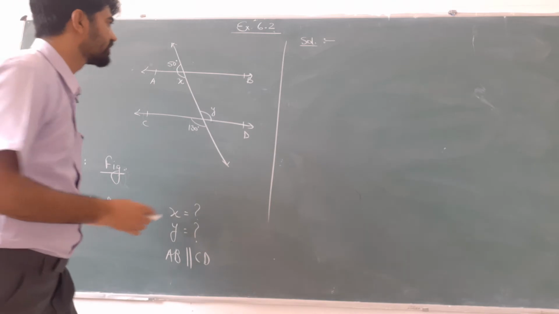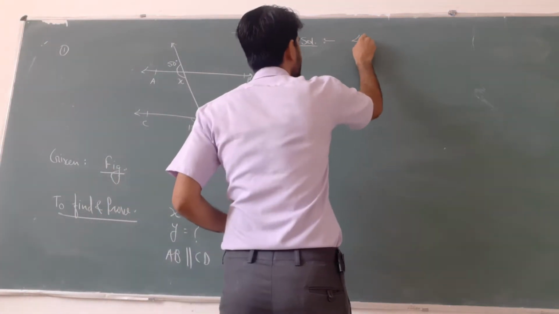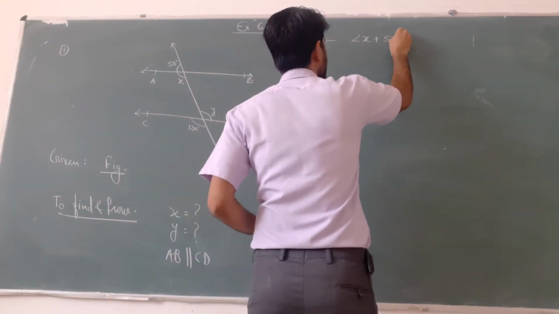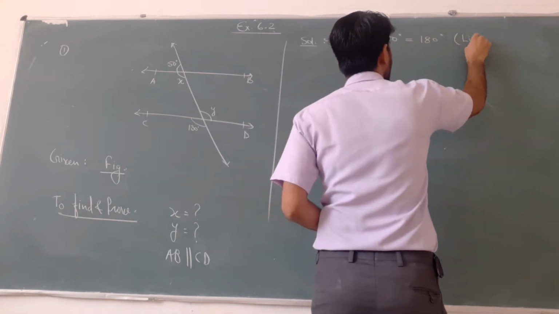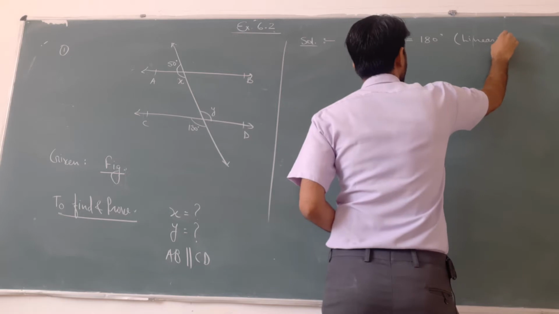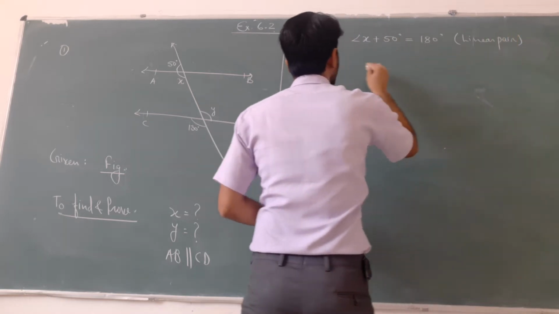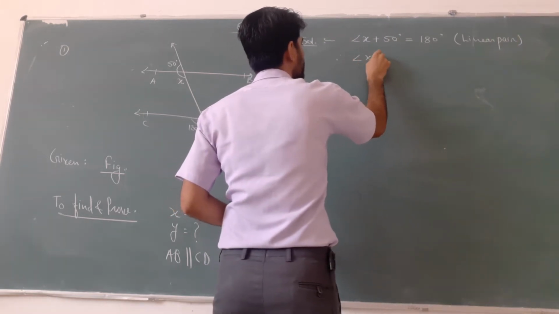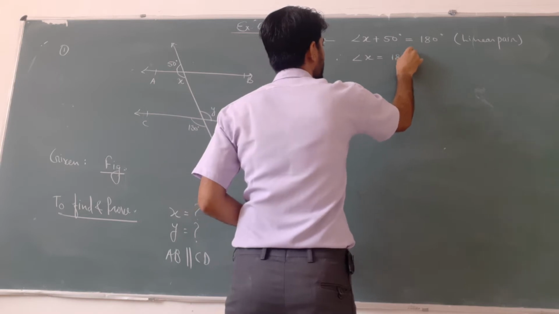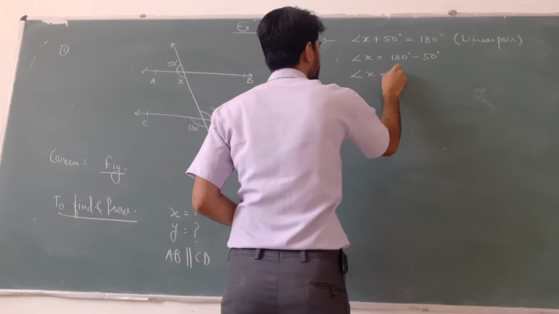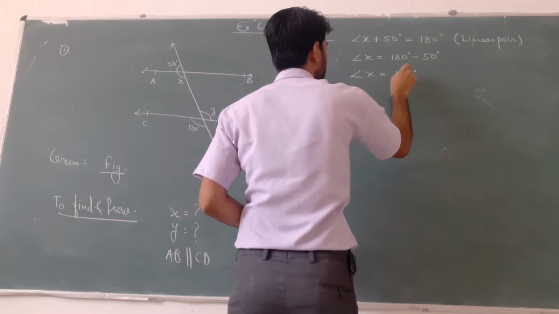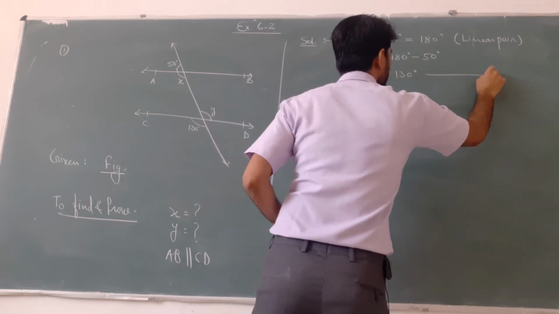So angle x plus 50 degree is equal to 180 degree, linear pair. Therefore angle x is equal to 180 degree minus 50 degree. So angle x is equal to 130 degree. Give it equation number 1.